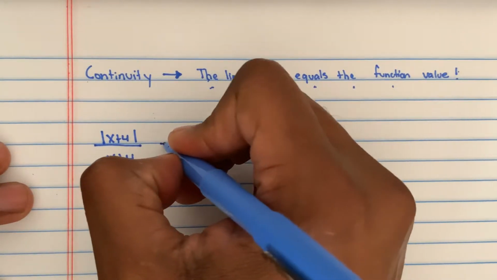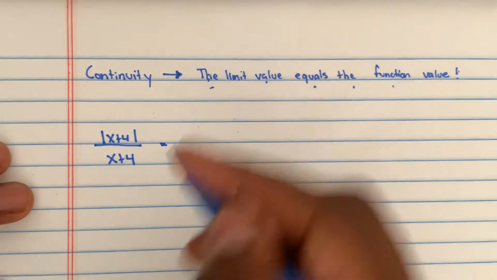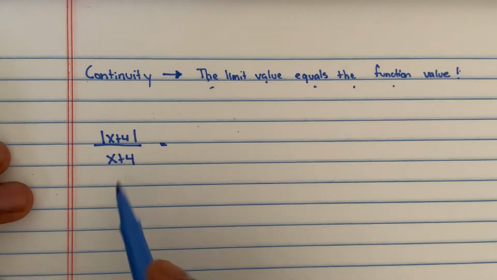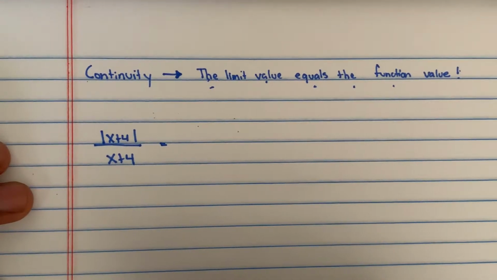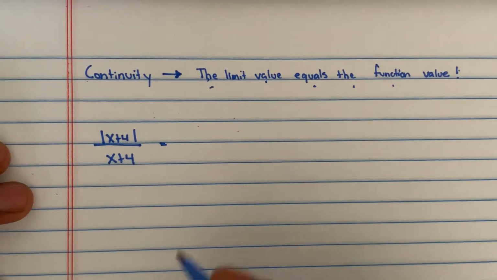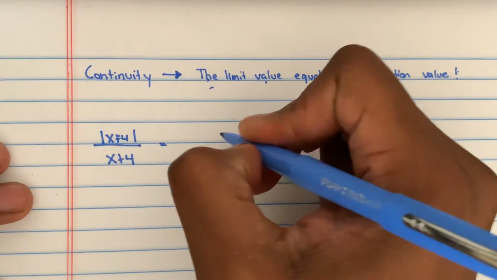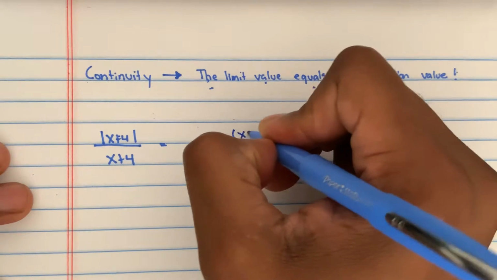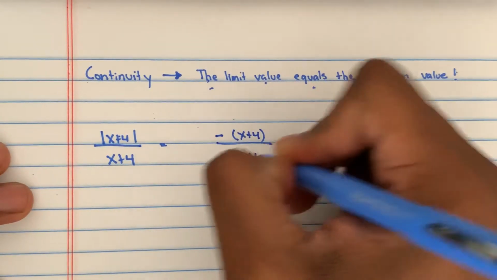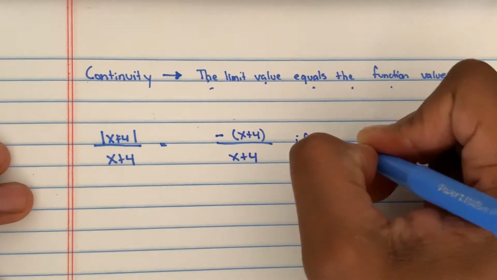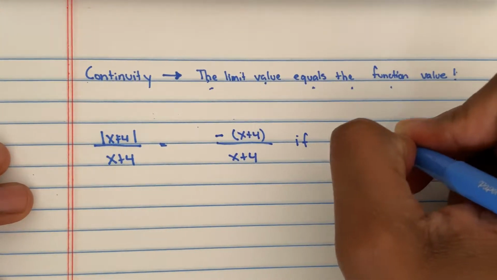If x is less than -4, it means that x plus 4 is a negative value. So to do the absolute value, you do the opposite of a negative value. So the opposite of x plus 4 is negative x plus 4 over x plus 4, and that's going to be true if x is less than -4.